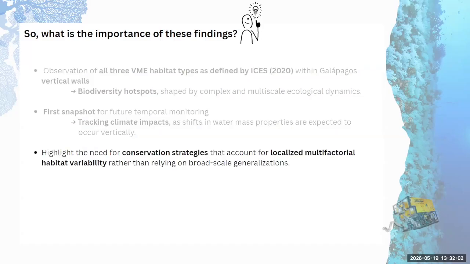This is also important because I mentioned the conservation strategies, and since species turnover is the dominant component within these Galapagos vertical wall systems from 300 meters to 700 meters, the conservation strategies should take the vertical axis into account when planning marine protected areas.